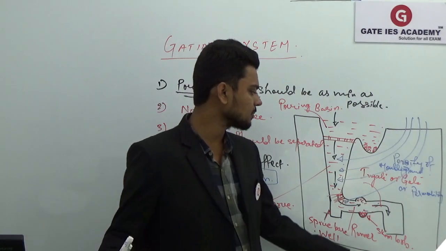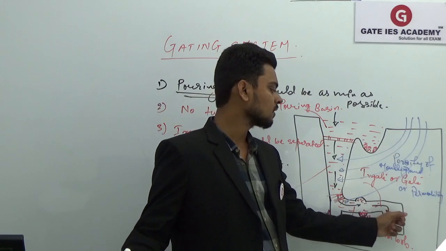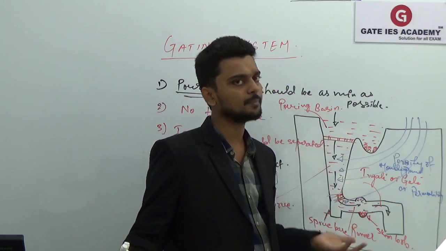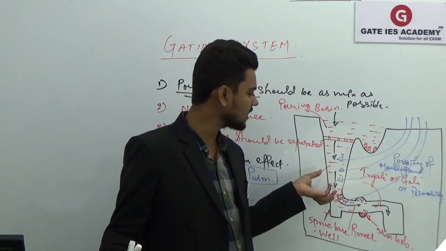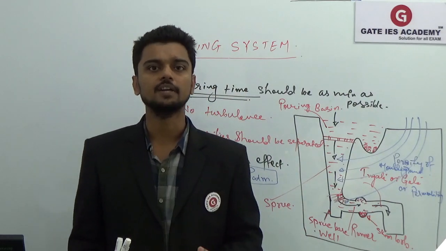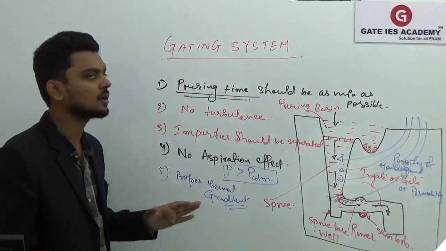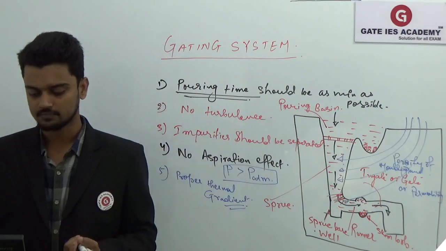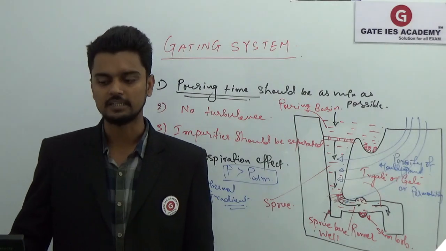Obviously the molten metal should solidify first in the mold cavity, then in the passage. If the molten metal solidifies inside your gating system, it will restrict the flow of molten metal into the cavity. That is why there should be proper thermal gradient, that is, the temperature difference with time, dT upon dt.